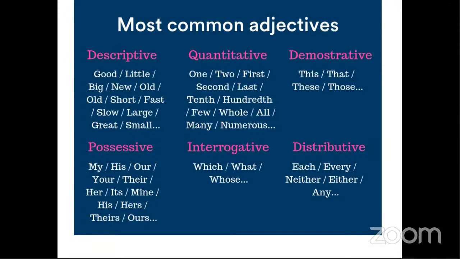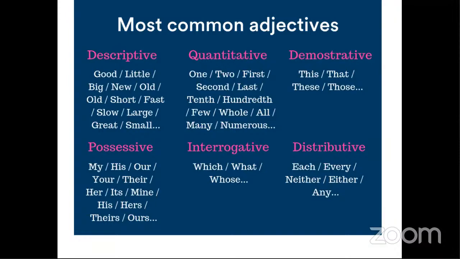Now, what are quantitatives? Basically, quantitative means either they are cardinal numbers or they are ordinal numbers. Plus, you also have few, whole, all, many, numerous. These are all quantitative adjectives. Now, what are demonstratives? The words like this, that, these, those, they are all demonstrative adjectives. Then what are possessive adjectives?